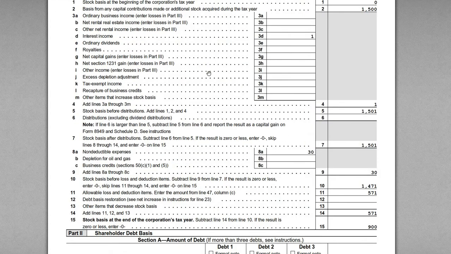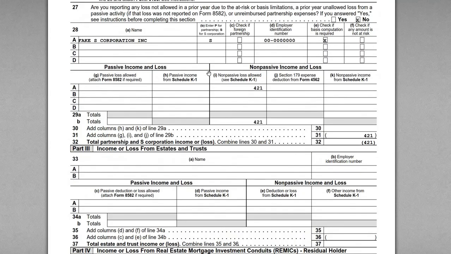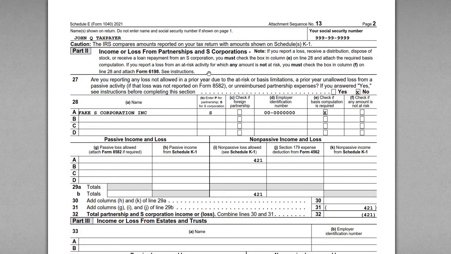So if we go back to Schedule E Part 2 here, again, very similar treatment to last year. As far as reporting, you would input the name of the S corporation and the EIN. In this case, we do have a non-passive loss that's being pulled through, and so we have to check this box that a basis computation is required.